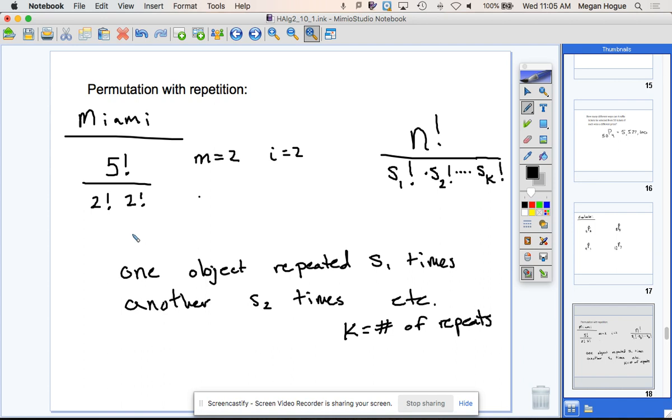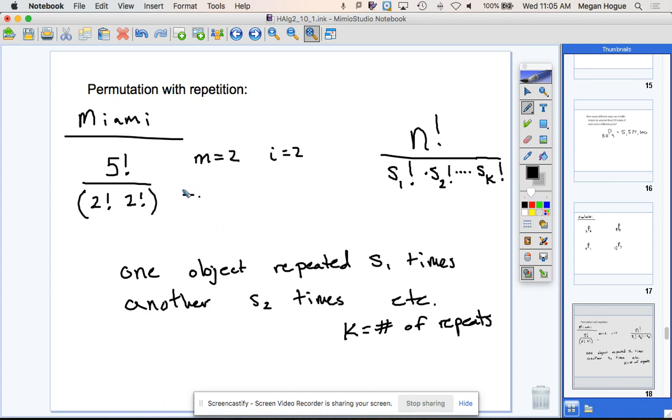You can do it in parts. You can do it all together. If you do it all together, you got to put this whole thing in parentheses. Oh, 30. 30? Yeah.